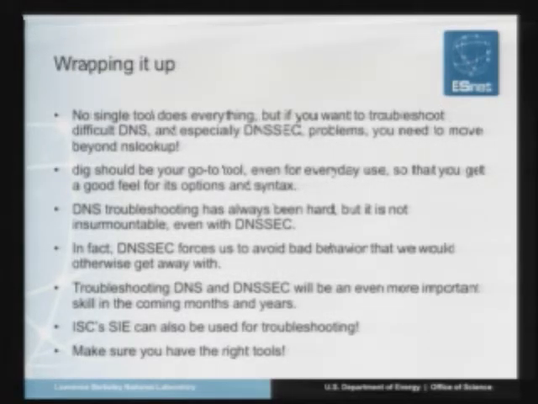So that was 3 scenarios of doing DNSSEC troubleshooting using DIG and DNSviz and a few other tools. It shows how you can use a combination of the tools, a visualization tool like DNSviz and a tool like DIG, to narrow down the problem that you're going to see. There will be more problems. I've given you 3 of the most common problems I've seen so far.